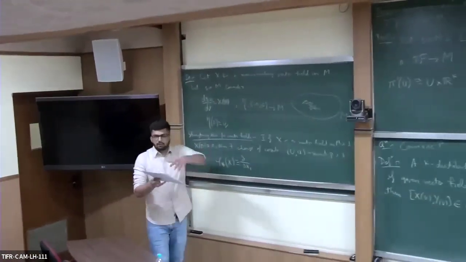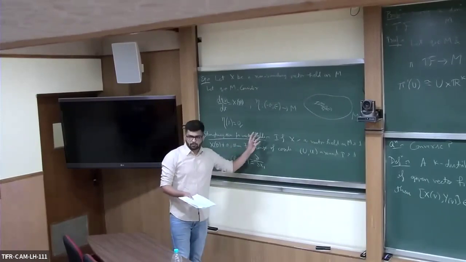So we can always straighten out a vector field if it is non-zero at some point, in a neighborhood.